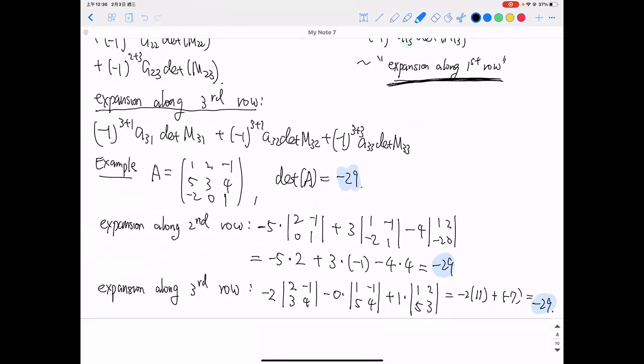And for this reason, it will make sense to define any of these expansions as a specific number, some number intrinsic to the matrix A. Okay, and we will talk about this more in the next lecture.